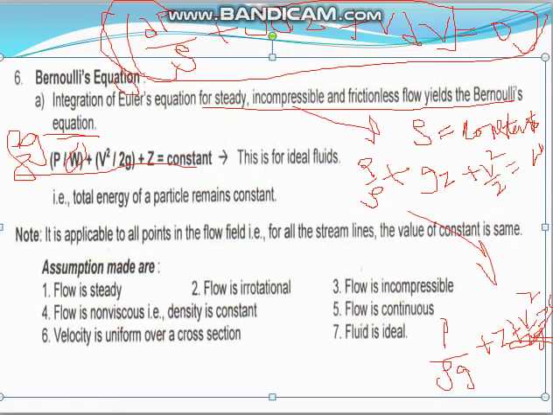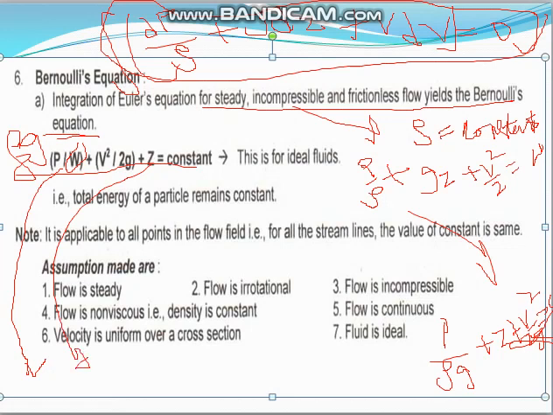So this P by rho g, that is P by w, is nothing but the pressure energy per unit weight of fluid. We say generally this is the pressure energy per unit weight of fluid, or the pressure head. Another one is V square by 2g. This is the kinetic energy per unit weight, or kinetic head. Another one is z. z is the potential energy per unit weight, or potential head.